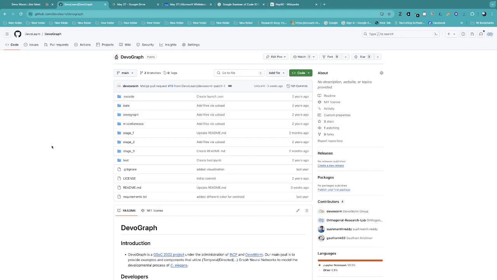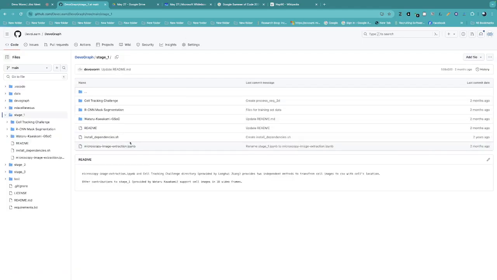At Friday's open source meeting, I talked about this a little bit. But basically, both Mehul and Pakhi will be submitting to this repository. We have a number of directories in this repository: stage 1, stage 2, and stage 3. Those refer to the different stages of the project. Stage 1 is cell segmentation, and we have some materials from contributors past here.